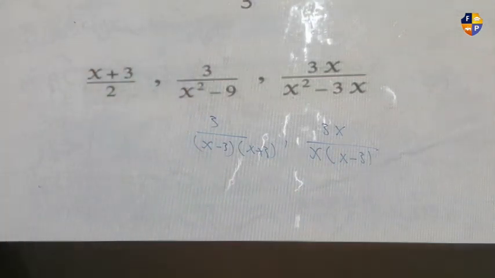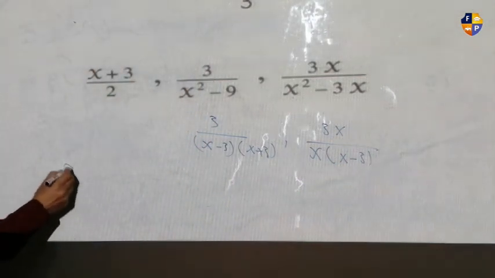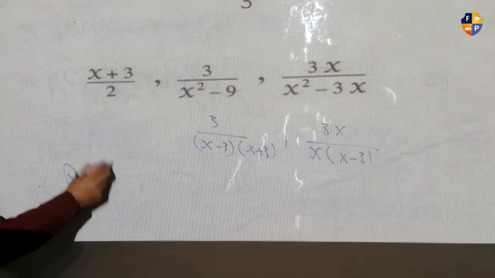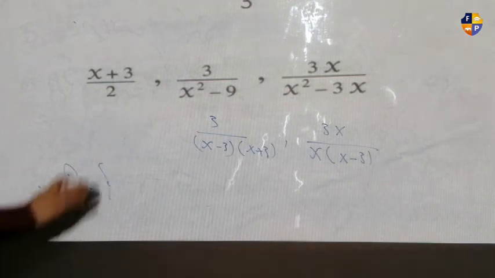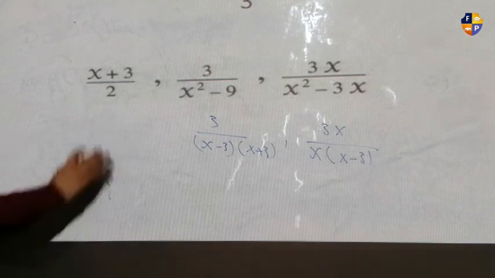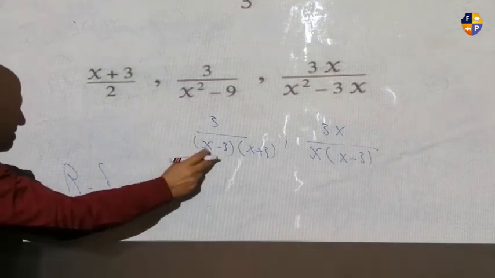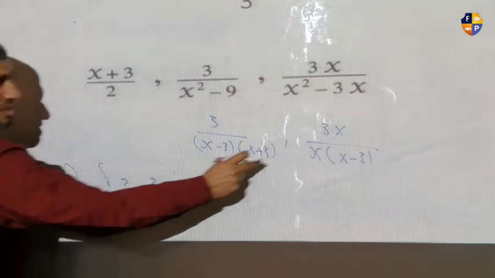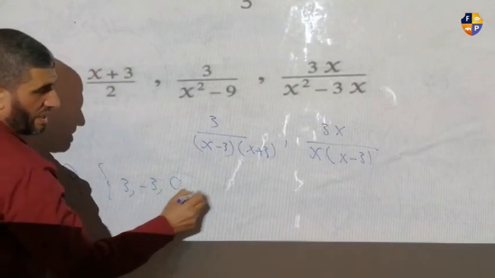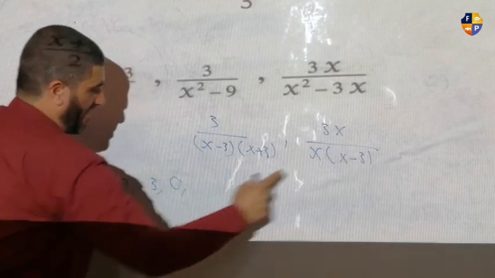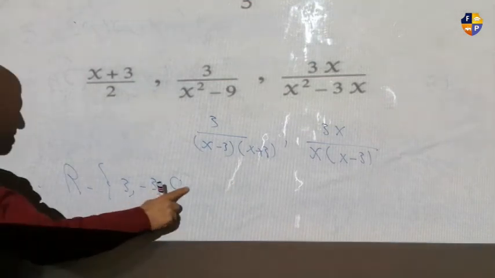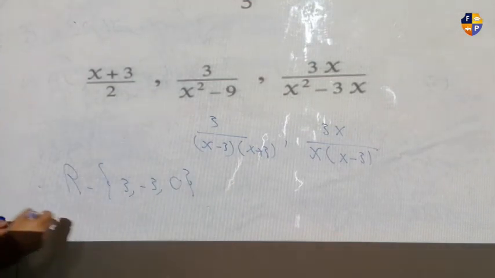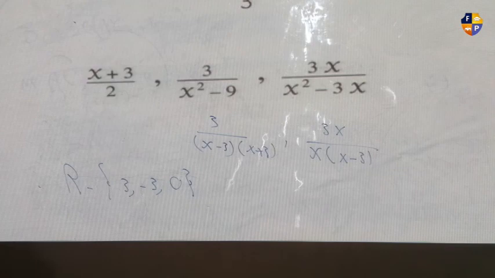Okay, we can find the common domain R minus, no factorization, no set of zeros, and number 2, 3, negative 3, 0, negative 3 becomes 3. We can write it not. That is the common domain.